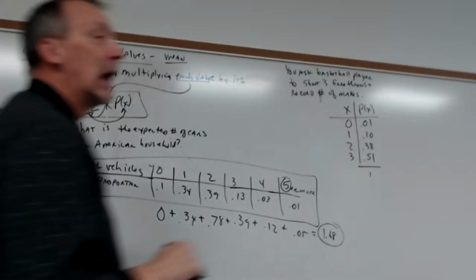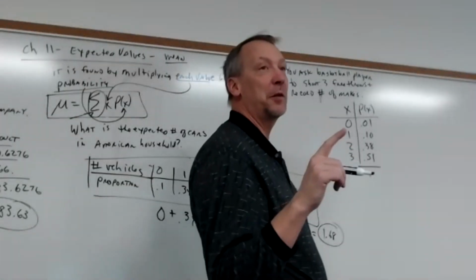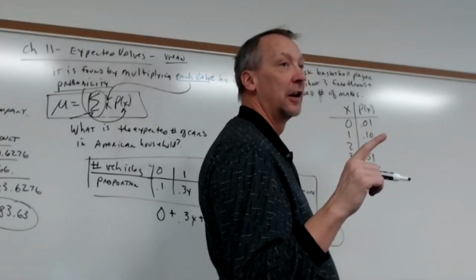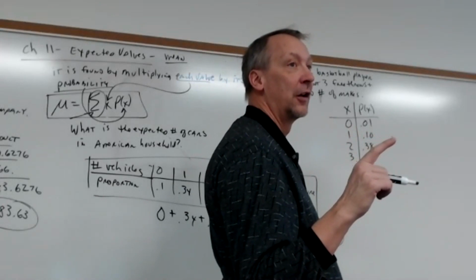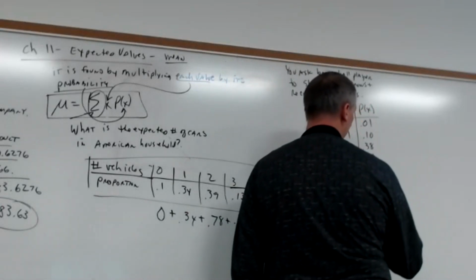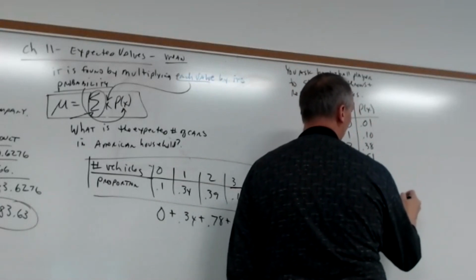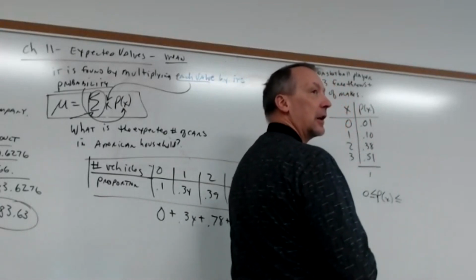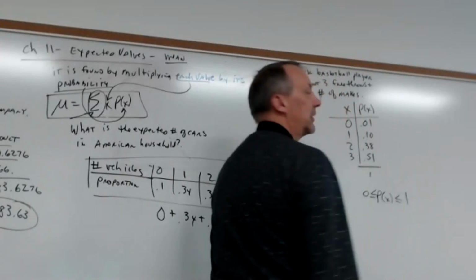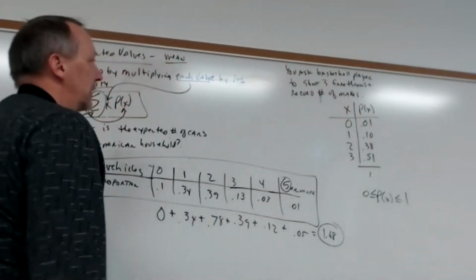Okay, and what's the other rule about probabilities? There are 2 rules. It can't be negative, it must be greater than or equal to 0, and less than or equal to 1. Okay, so this is a legitimate probability distribution.